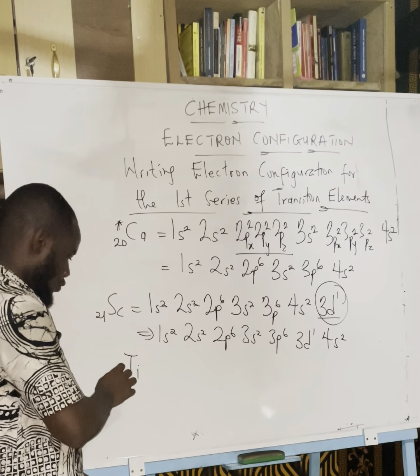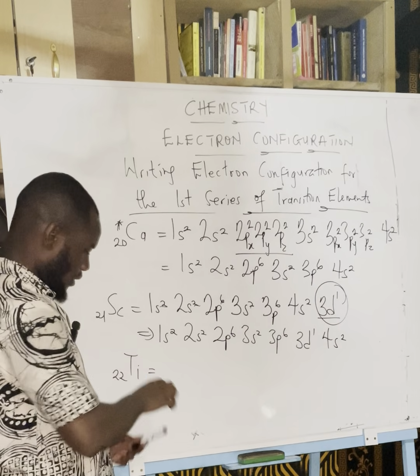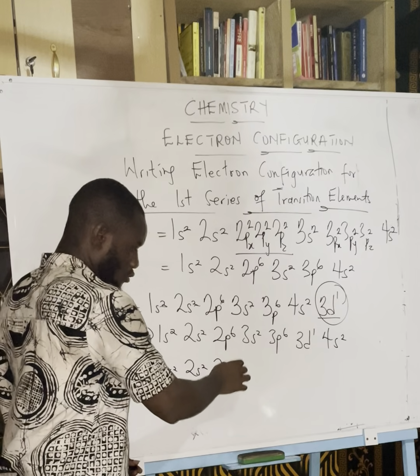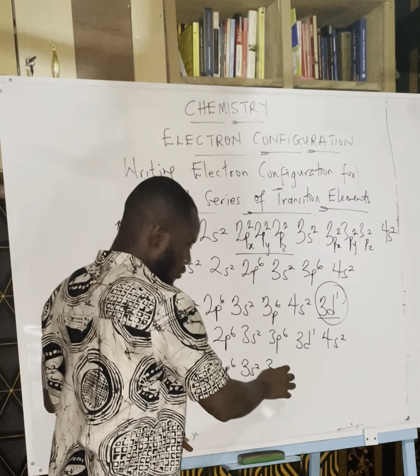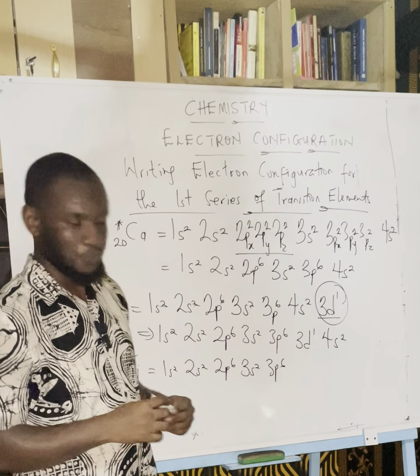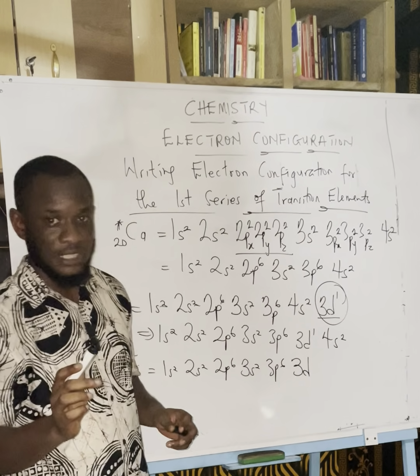So most of the time, I tell my students, so now let's look at titanium, which is 22. So 1s2, 2s2, 2p6. Then we come to 3s2, 3p6. So this is what I mostly tell my students to do. Write the 3d, but don't fill it.